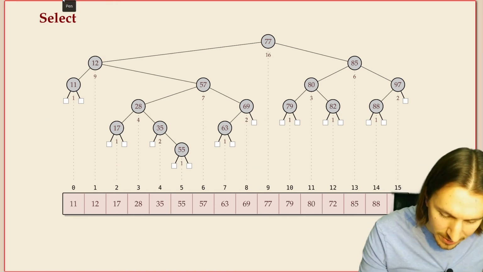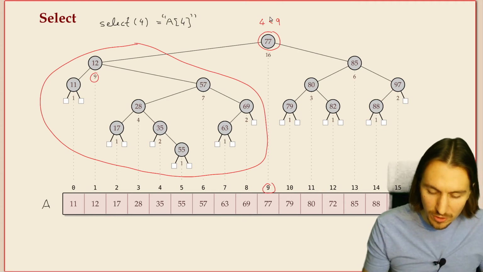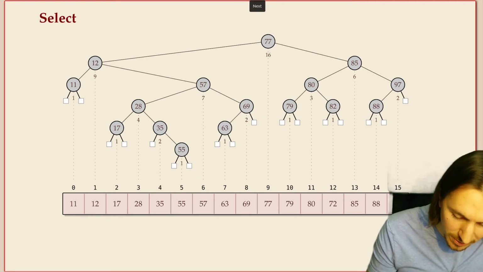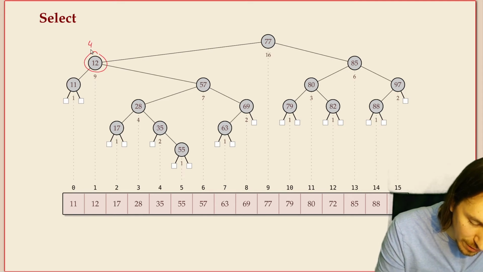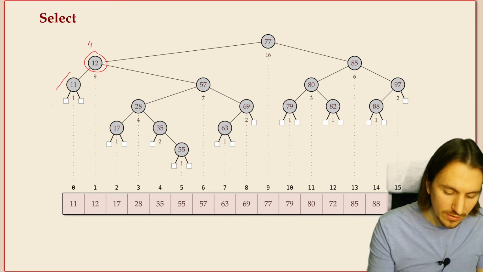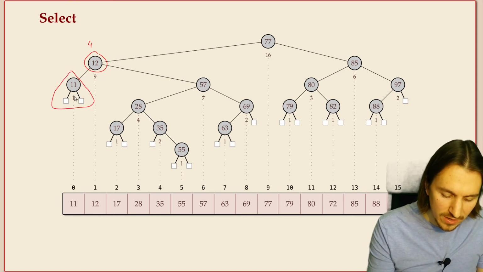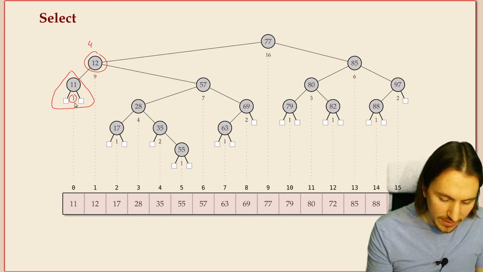Okay, so we know that 4 is smaller than 9, so we continue to the next one. So we're looking for rank 4. Now we do the same thing. We look at the left subtree, look at its rank, and that tells us the rank of 12 is 1.